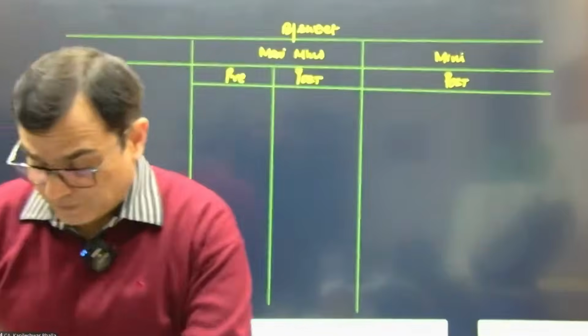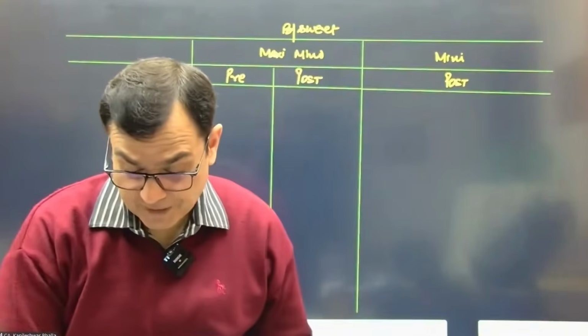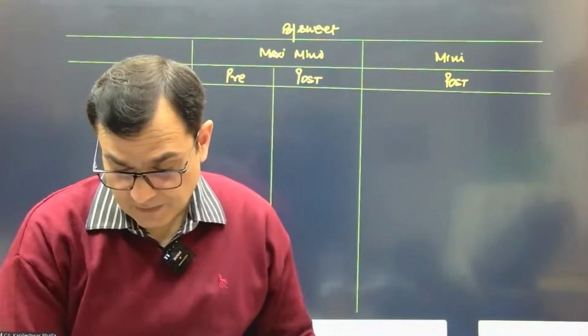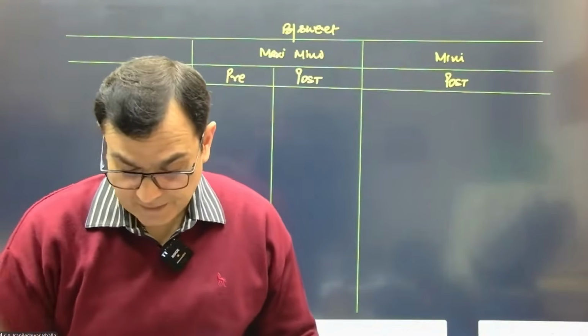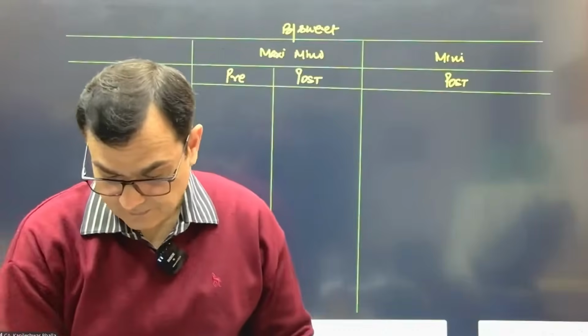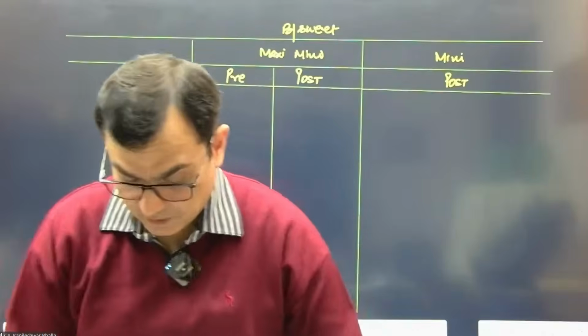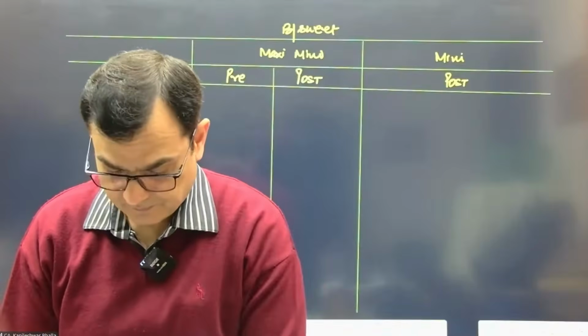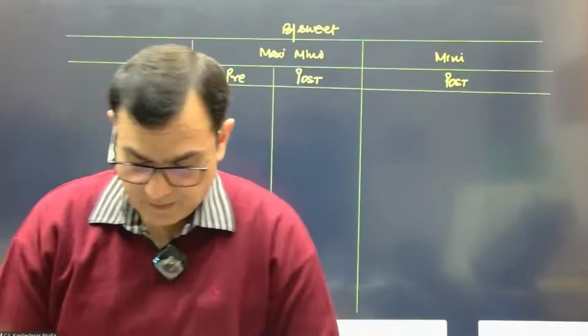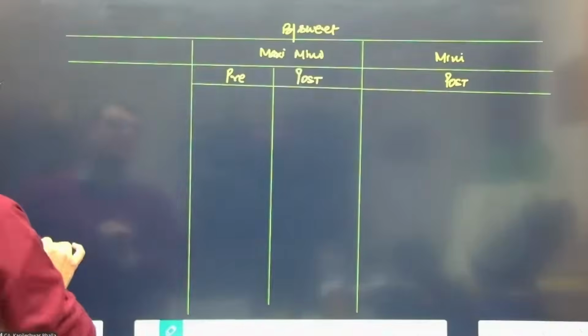So first, I think we can just copy the balance sheet from the question itself. Let me just open the question in front of me. So I'm going to copy the data from the existing balance sheet.